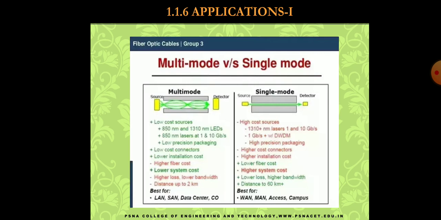The section indicates how multimode and single mode are classified into two sectional areas based on low cost sources and low cost connection, that is, the sources, connections, installation cost, fiber cost, system cost and distance, etc. On the application side, multimode is mainly used for LAN, SAN, data center, CO. In the case of single mode, it is mainly used for the application of WAN, MAN, access and campus.